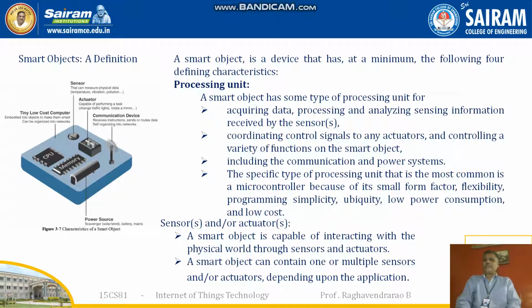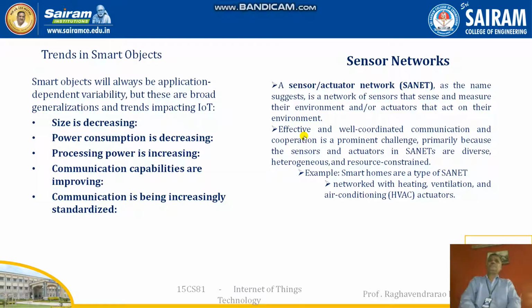Now you see in that mobile, so many sensors are going to be there. Whether we use them or not, they are there. There is a trend in smart objects. Smart objects will always have application-dependent variability, but these are the broad generalizations of the trends in this.